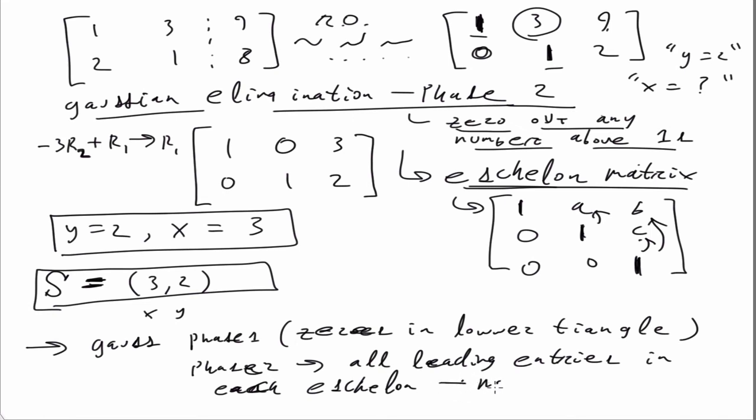What you do is you make zeros above. Okay, and that's of course going back up to make those zeros.